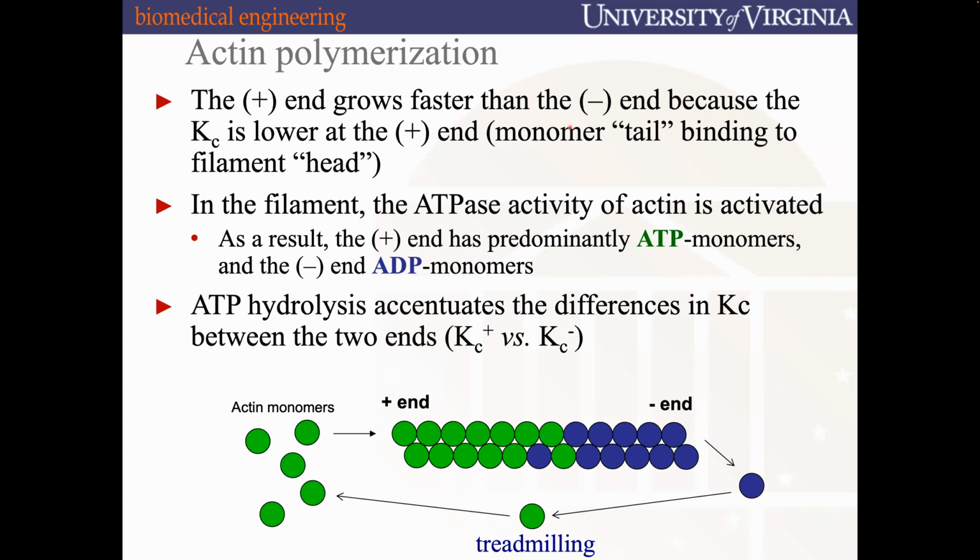So along with the inherent lower Kc at the plus end, the hydrolysis of ATP to ADP also further accentuates this difference in Kc. So this Kc at the plus end in this growing chain is generally much lower than at the minus end.